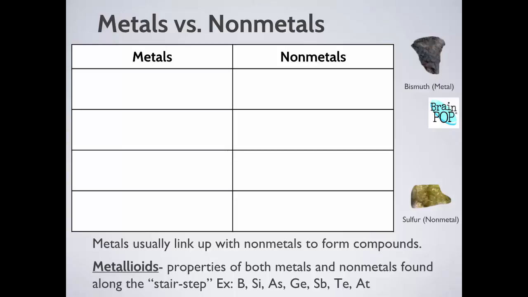When you look at things on the left side of the periodic table, how many electrons do they have in their outer shell? How many valence electrons? Brian? Under 3. 1, 2, or 3. So the metals all have less than 4 electrons in their outer shell. That's what makes them metals. And then nonmetals have more than 4.